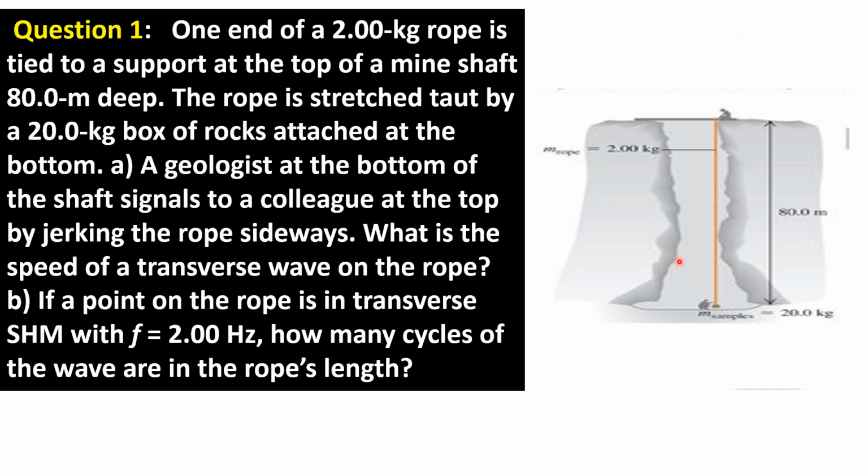As shown in this diagram, the length of the rope used here is the same as the depth of the mine shaft, which is 80.0 meters. The person at the bottom creates a wave pulse by jerking the rope sideways.